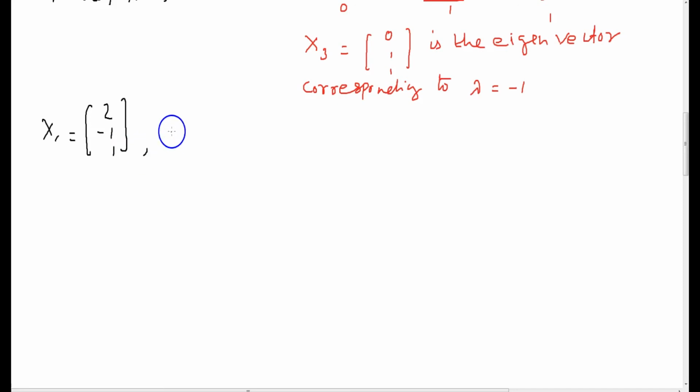And x2 is the eigenvector corresponding to lambda equal to 4. And x3 is the eigenvector corresponding to lambda equal to minus 1.